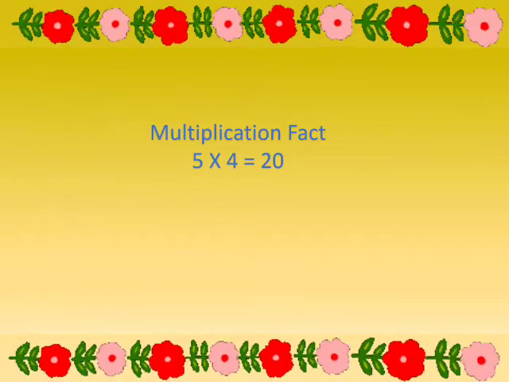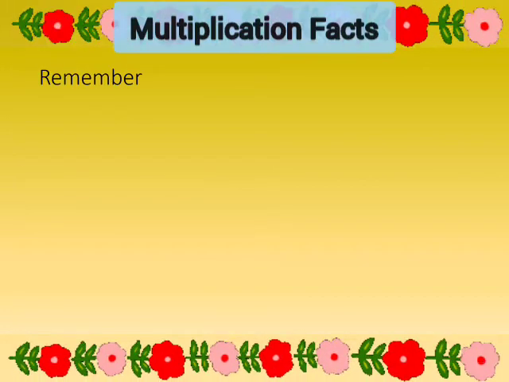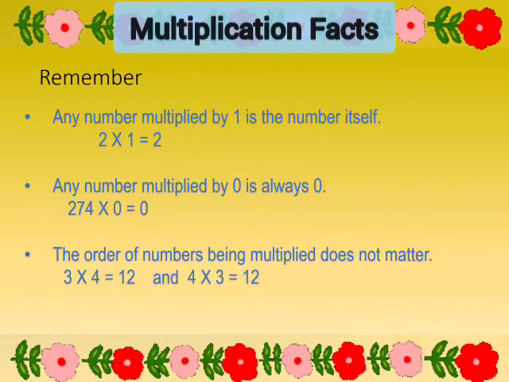Children, in the form 5 multiplied by 4 is equal to 20, the numbers 5 and 4 are factors, whereas our answer, that is 20, is called the product. So children, always remember, any number multiplied by 1 is the number itself.